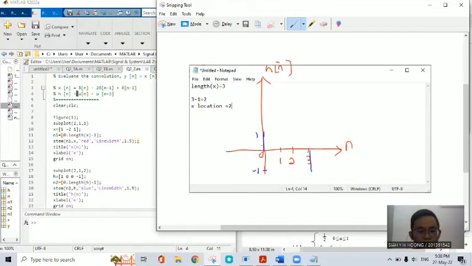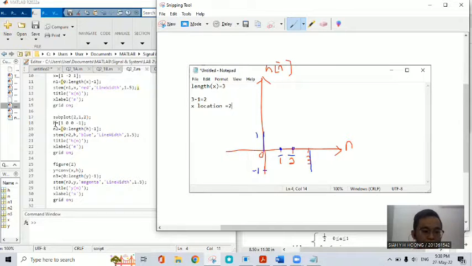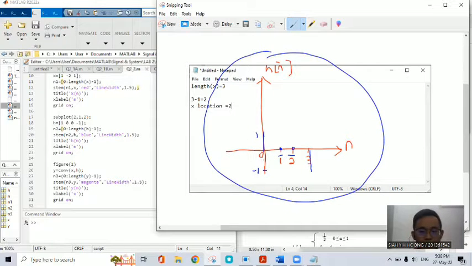But the expression doesn't show what magnitude the first location and the second location have, right? Therefore, it will have 0 magnitude right here. This is why h will equal 1, 0, 0, -1. When n is equal to 0, I will have 1 magnitude.